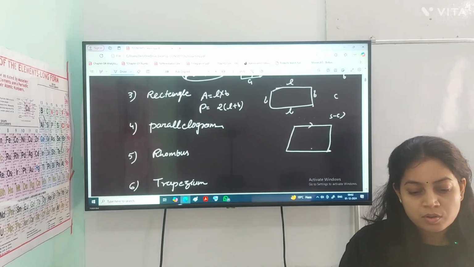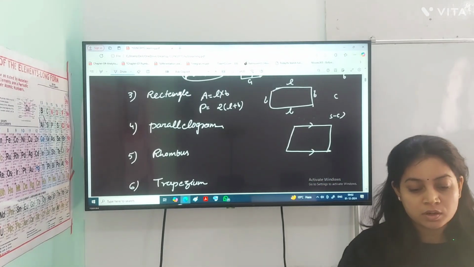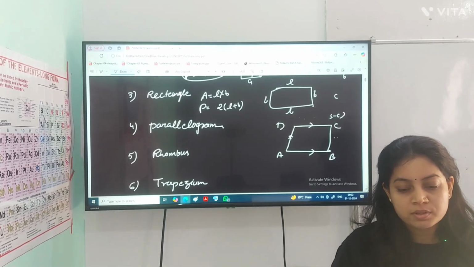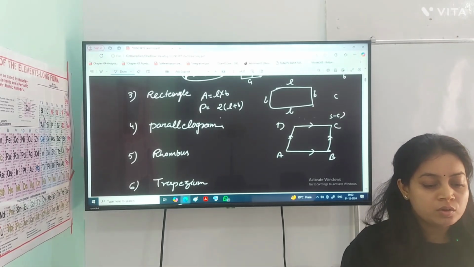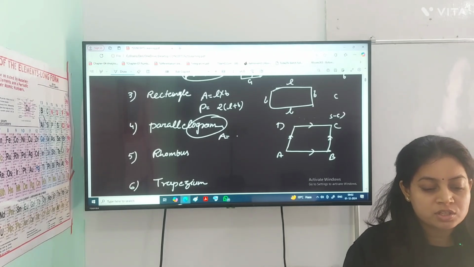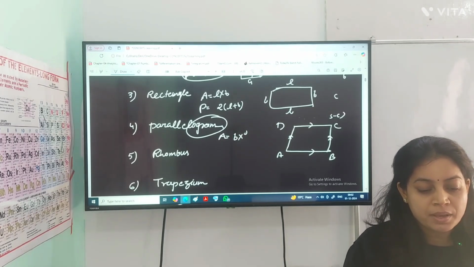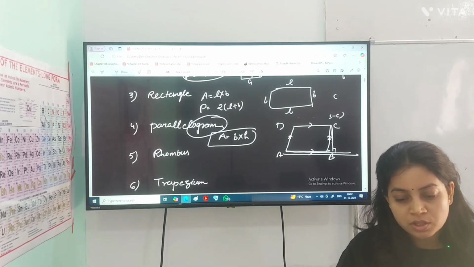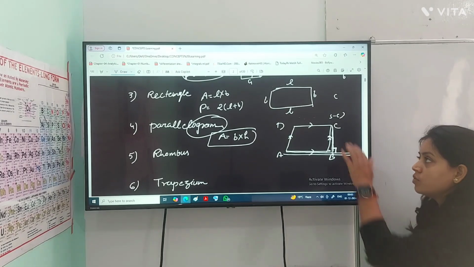And what about the parallelogram? In a parallelogram, opposite sides are parallel and equal, right? If this is a parallelogram ABCD, in which opposite sides are parallel and equal, you can calculate the area of the parallelogram just by multiplying base into height, right? This is your base and height can be outside.